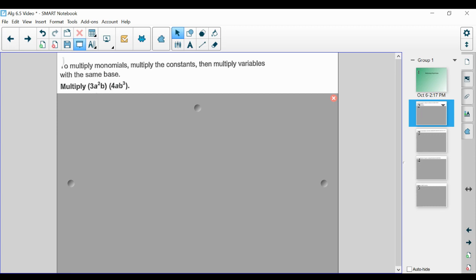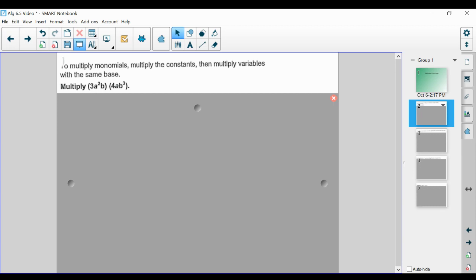Notice how everything inside the parentheses is getting multiplied in both aspects. So 3a squared b, all that is getting multiplied. 4ab cubed, all that is getting multiplied. And now both sets are getting multiplied together.